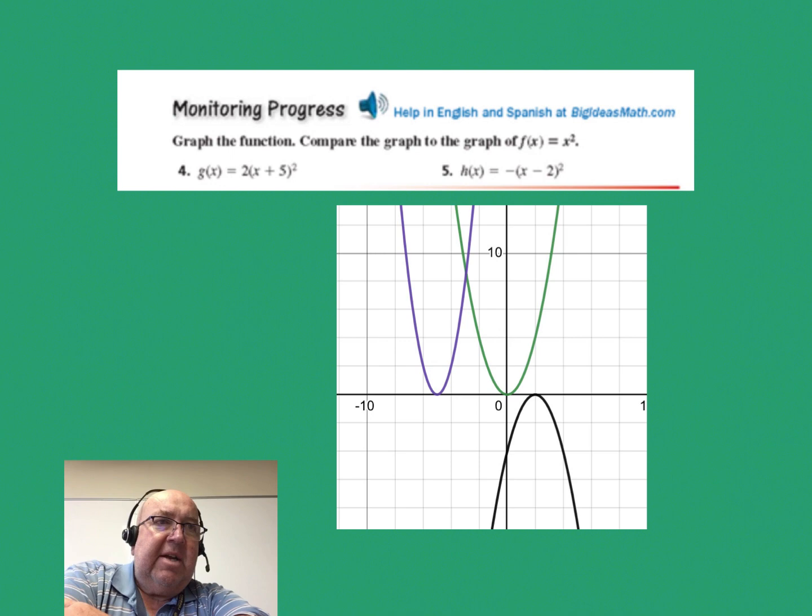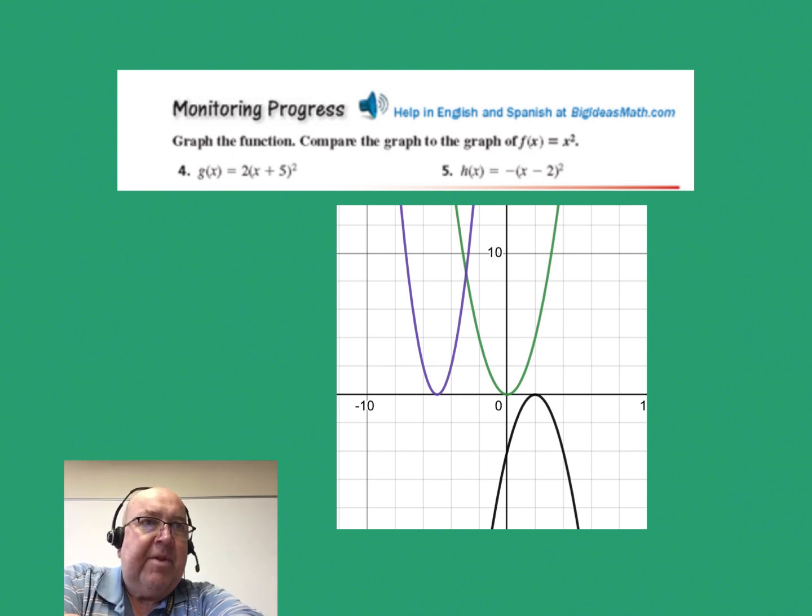So I'm not going to have you graph these, I just want you to recognize what happens with them. So the green parabola is x squared, as we said. The blue parabola is 2 times x plus 5, so it moved 5 units to the left.